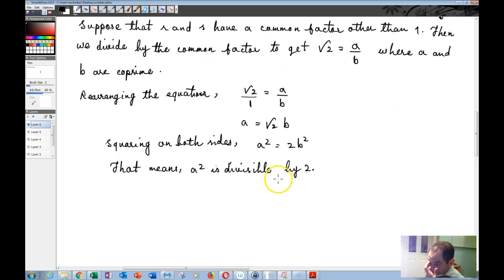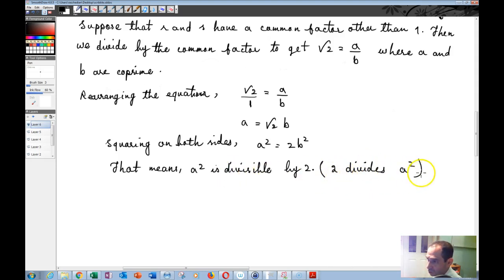Okay. Now, in order to familiarize you more with the language of this book, and also with the language of mathematics, if you say a squared is divisible by 2, another way of saying the same thing is that 2 divides a squared.